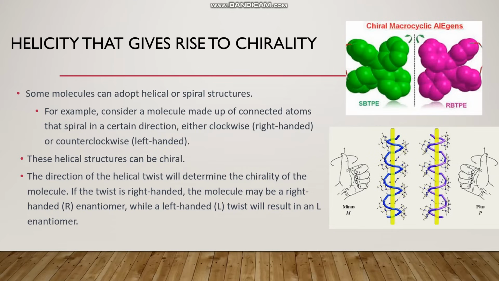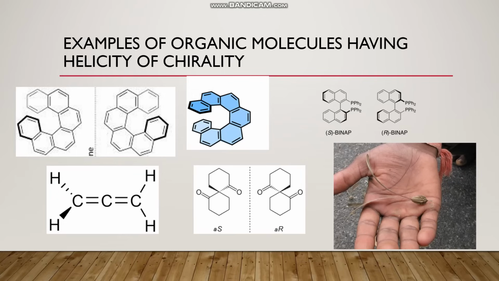So you just understand that when we say helicity gives rise to chirality, it means the molecule does not have a chiral center, but it will be chiral, meaning it will rotate the plane polarized light either in a clockwise or anticlockwise direction because of the nature of twist or spin in those molecules. Here are some examples of organic molecules having helicity of chirality.